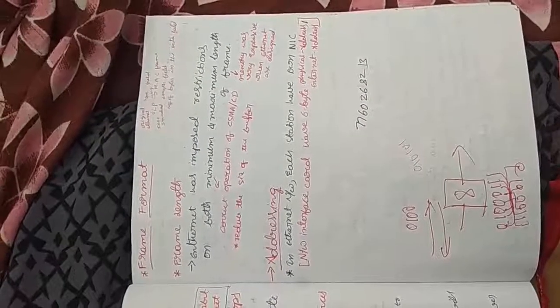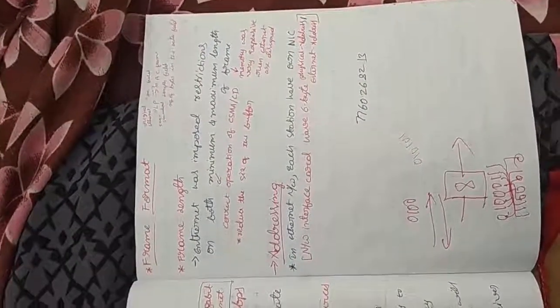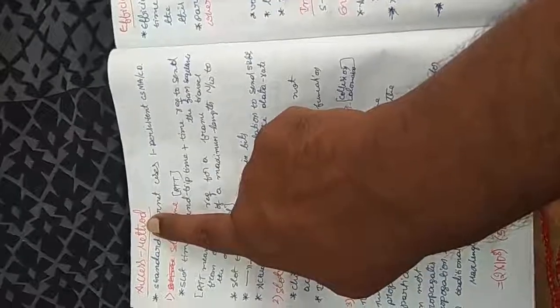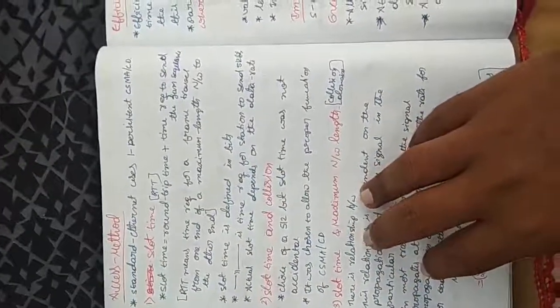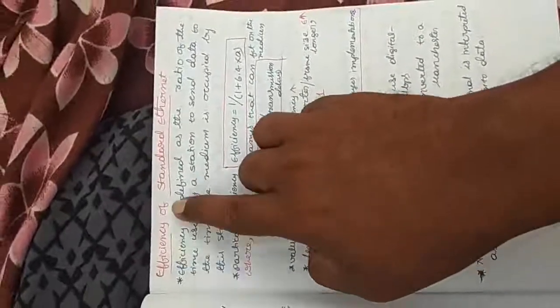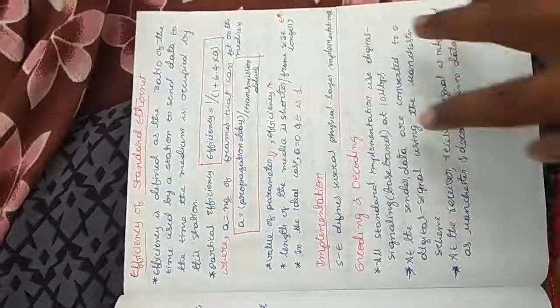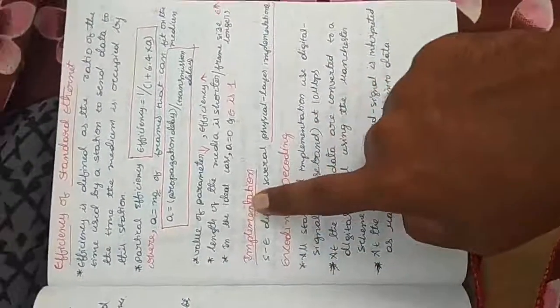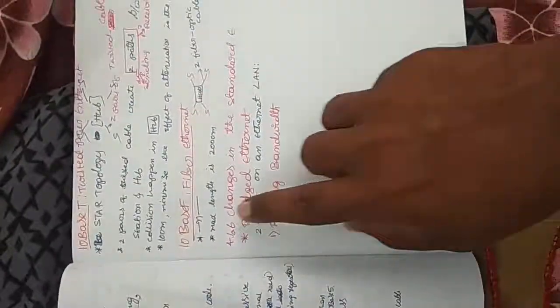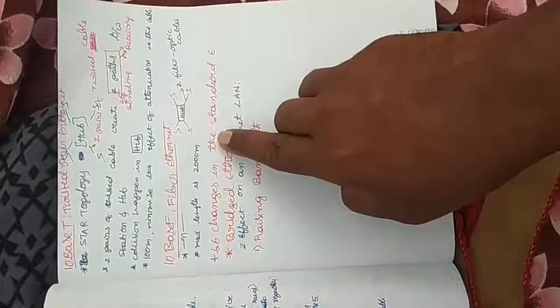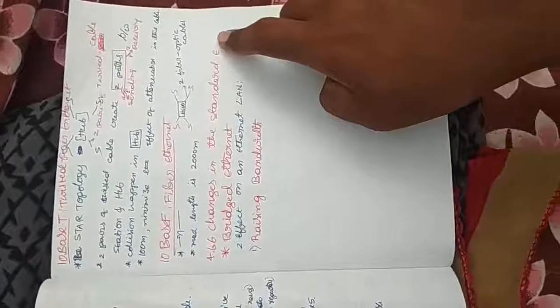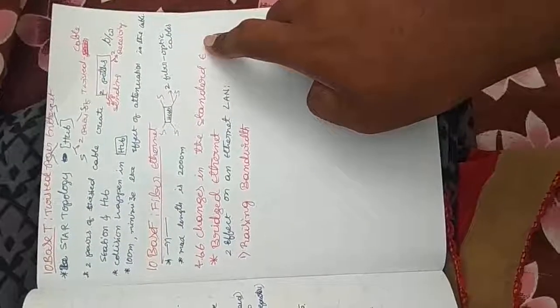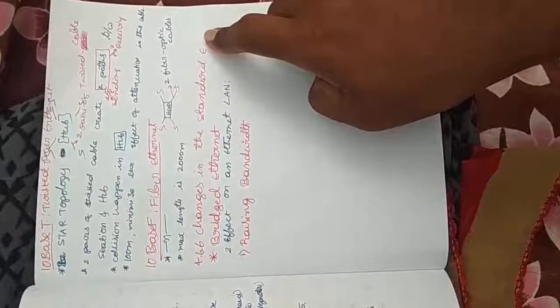Today we are going to discuss some more topics of standard Ethernet: the access methods of standard Ethernet, the efficiency of standard Ethernet, the implementation of standard Ethernet, and the last one, changes in the standard Ethernet. Four concepts we are going to explain in this video.